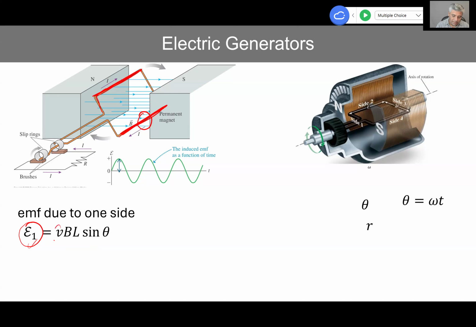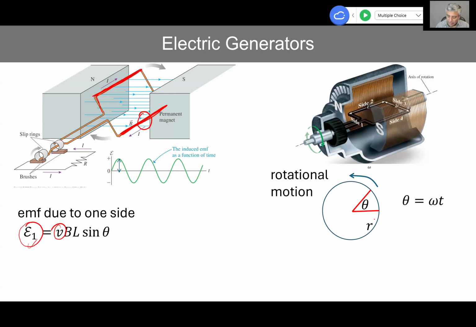Now this V, what is this V? In this case, the V came from linear motion, but here it's rotating. But we know from circular motion that these two things are related.